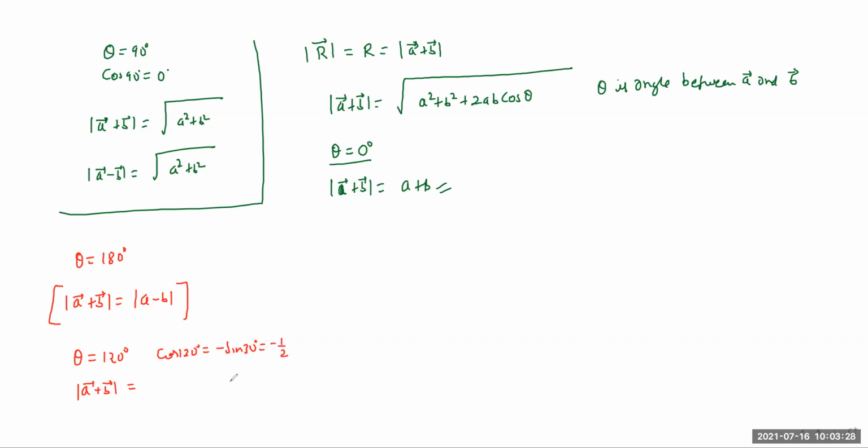Yeah, that's a very, very important relation that you must remember. Cos 120 is minus sin 30, and that is minus half, because if you remember the trigonometry conversion, 90 plus 30 is in the second quadrant, and cos becomes minus sin. So this is something you need to remember, and therefore the answer becomes slightly interesting: the square root of A square plus B square minus AB. That's the formula.